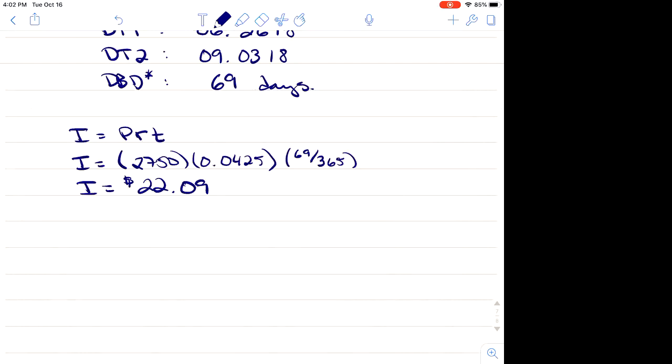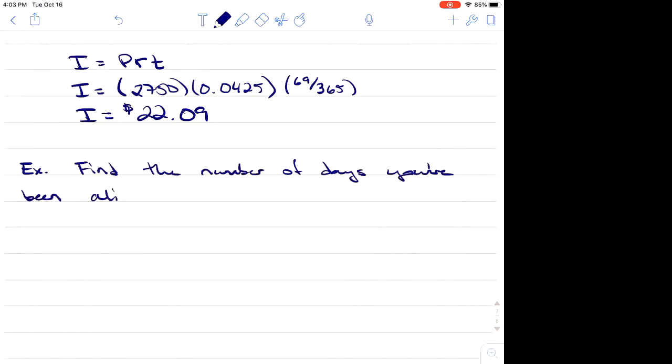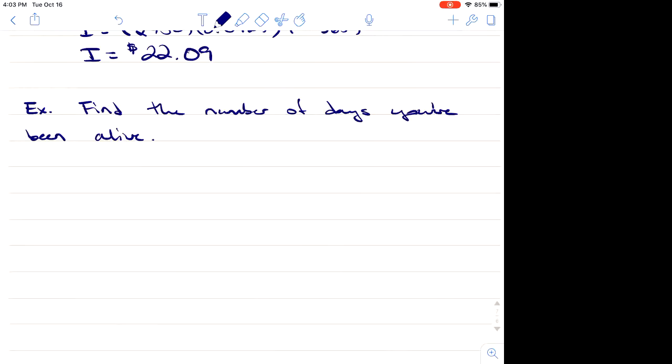Okay, so we will do more with finding the days between dates. Just as a quick example, find the number of days you've been alive.